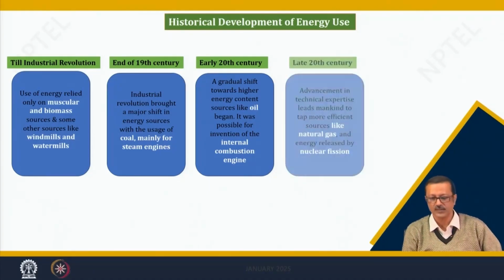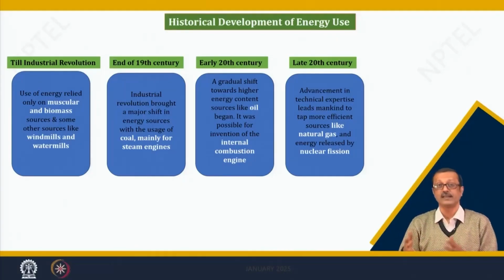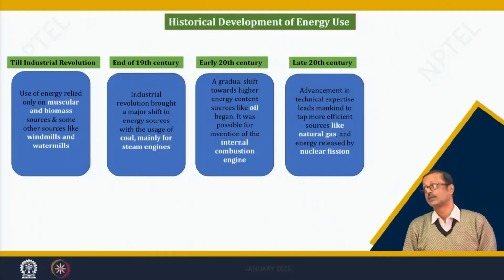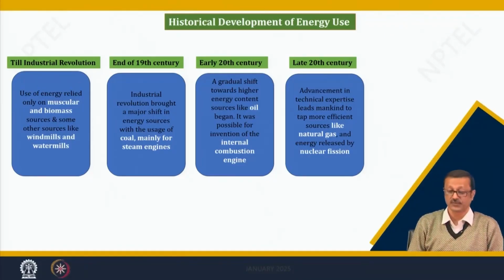Then afterwards we discovered natural gas, we discovered nuclear fusion. By virtue of that, in the late 20th century we can go for nuclear power or something like that. Natural gas is used everywhere nowadays. Both nuclear, of course, and natural gas have a much higher calorific value than oil.